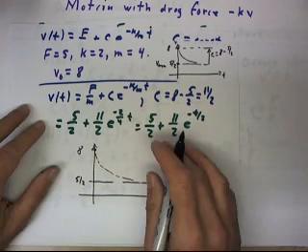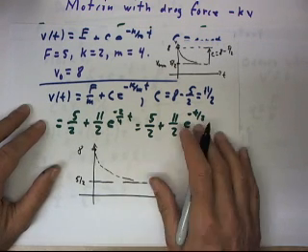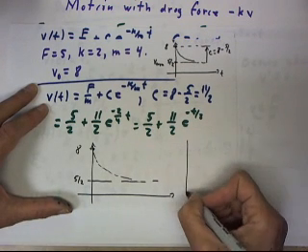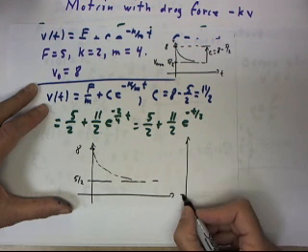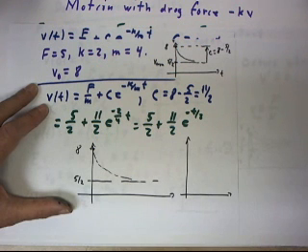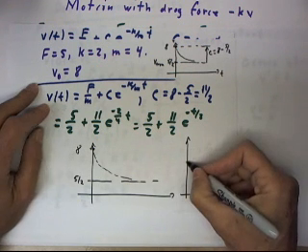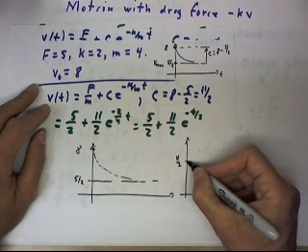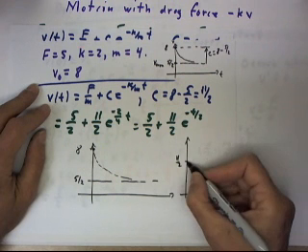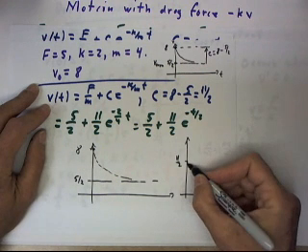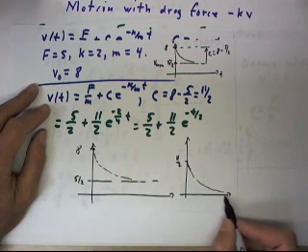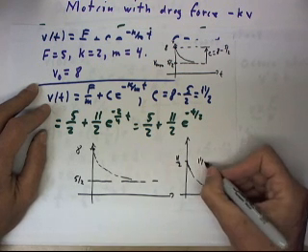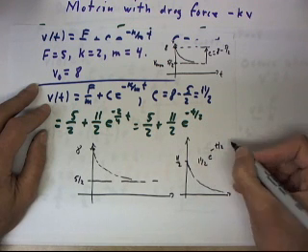If we were to draw a graph of the function 11 halves e to the negative t over 2, 11 halves might be here, and our function would start with value 11 halves at t equals 0 and approach a horizontal asymptote along the t-axis. So this would be the function 11 halves e to the negative t over 2.